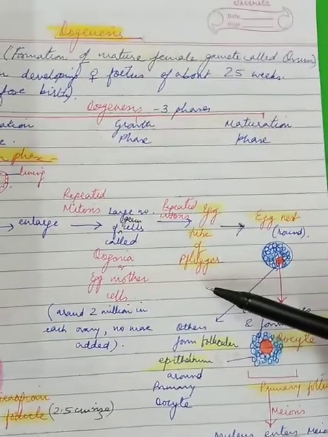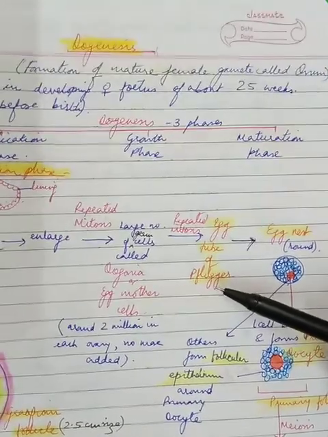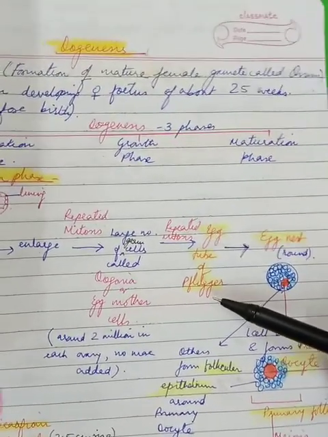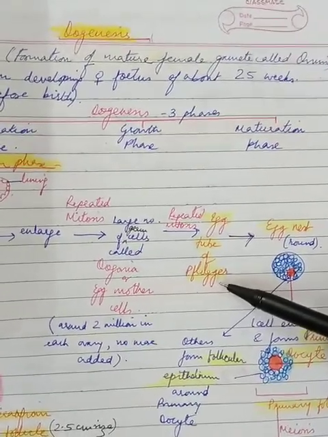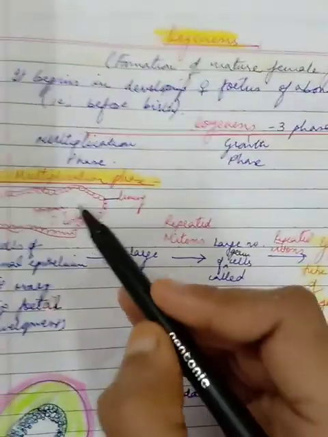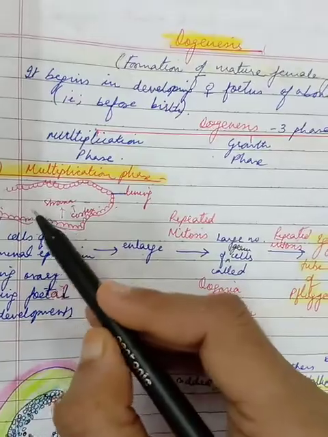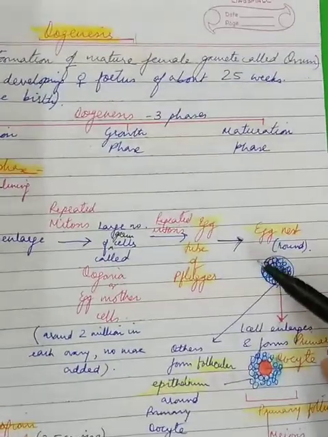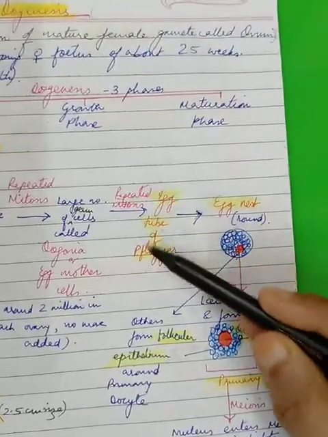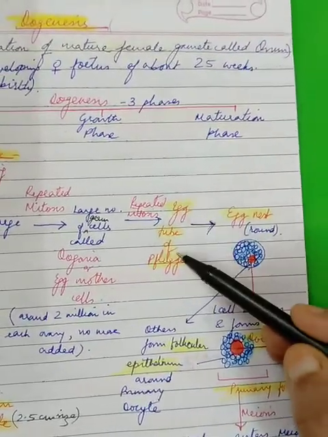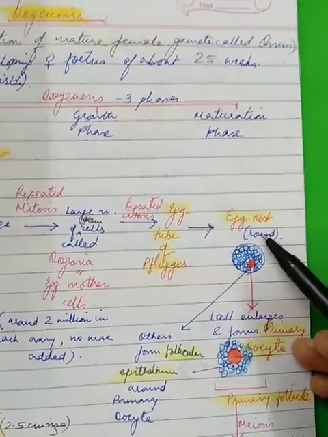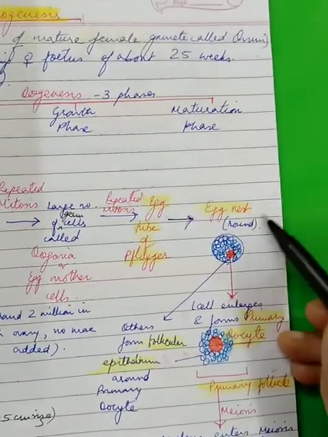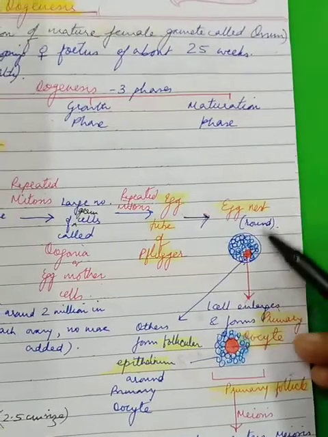P is silent, so we call it egg tube of Flugger. And this projects into the stroma in the form of a cord, some rod-like structure. Now, this egg tube of Flugger, like a rod-shaped structure, becomes rounded and we call it egg nest. So this is the change that is happening.